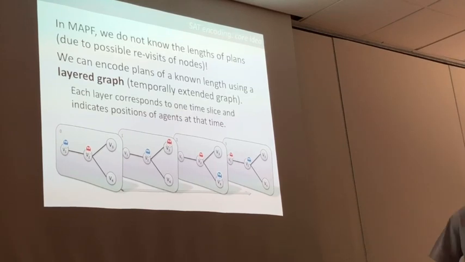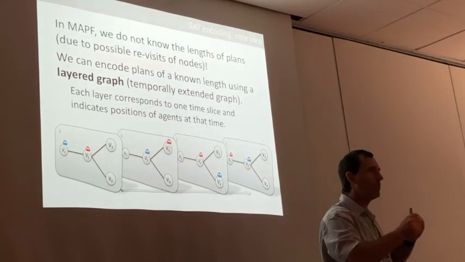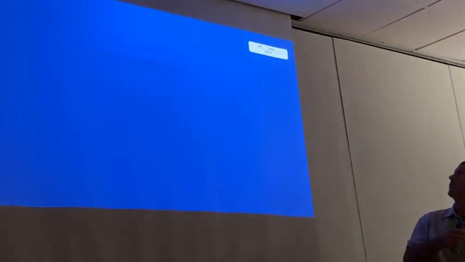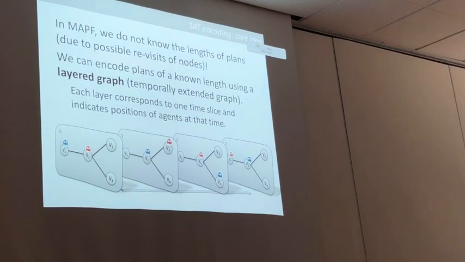Not really, because in A star, each node corresponds to a situation, let's say an allocation of agents. In this, you just have a formula and possible instantiations of values. Possible instantiations of values define the number of nodes in the A star.